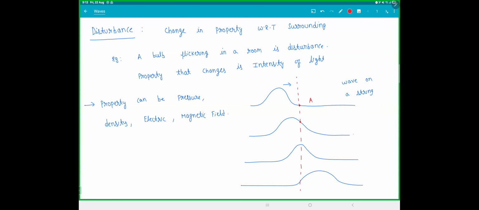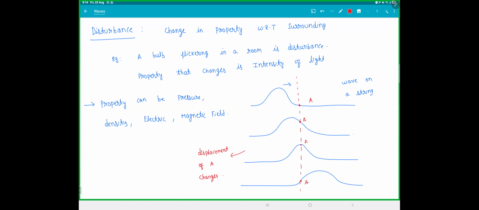This A is simply going up, goes to the highest point, and then comes down. So here, the property that changes is the displacement of A. Actually, it is not only A, multiple points' displacement is changing. So that's what we call a disturbance. A disturbance is simply the fluctuation in a property with respect to the surroundings. Clear with this?